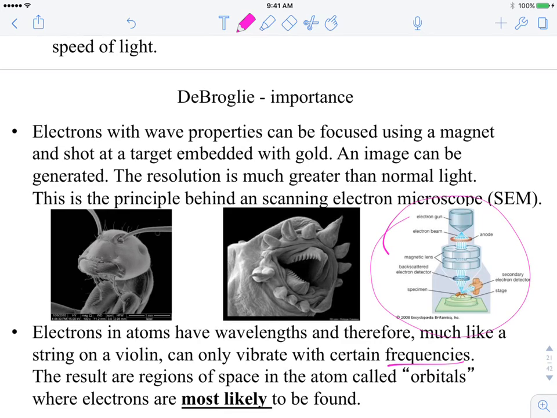The result of these vibrations with certain frequencies creates areas in the atom called orbitals. And this is a probability function. It is where electrons are most likely to be found. So electrons in atoms have almost like a standing wave property to them. I'll show you a really great video of standing waves so you can see what it would look like to see a large standing wave.